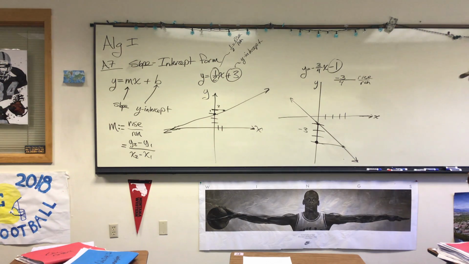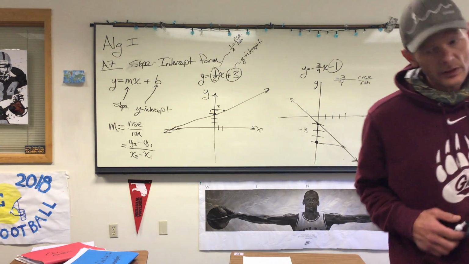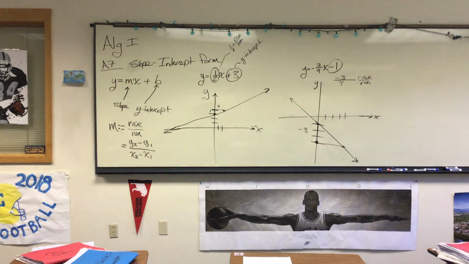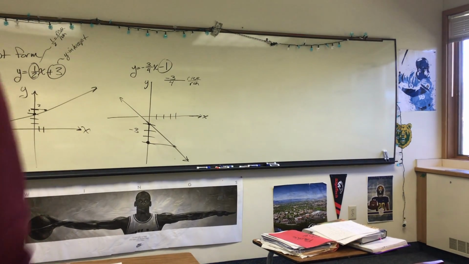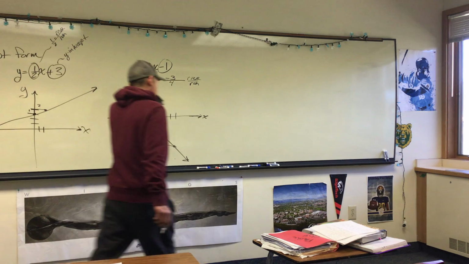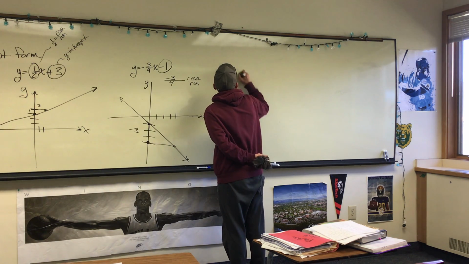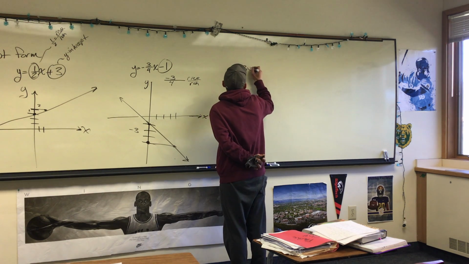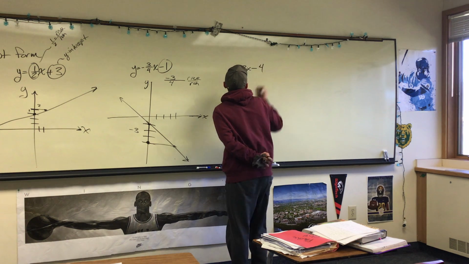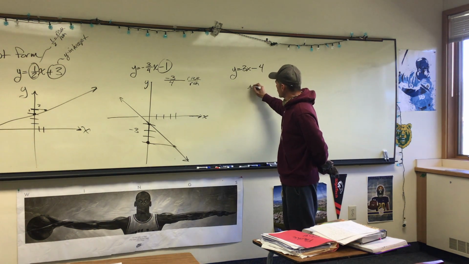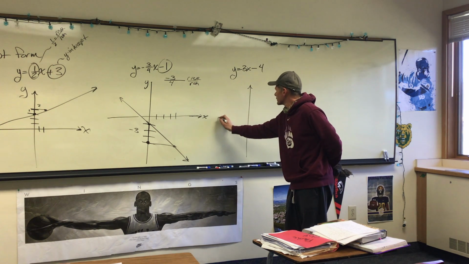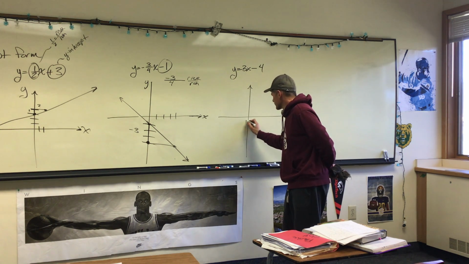Okay, let's do one more. How about y equal to 3x minus 4? Okay? I'll start with the y-intercept. The y-intercept is minus 4, so we're going to cross the y-axis 1, 2, 3, 4 right here.